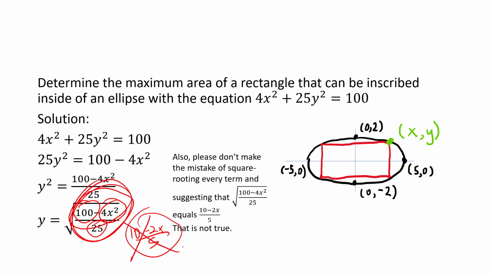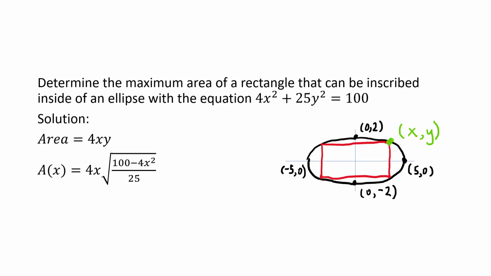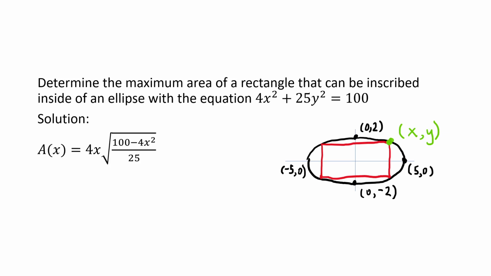That's unfortunately not the case. It's not that simple. Okay, so we're left with this expression here that area as a function of x equals 4x times the square root of 100 minus 4x squared all over 25. Now, we'd like to know what the domain for x is. And we see here that x, the point x, y, is somewhere along the outside of this ellipse right here.